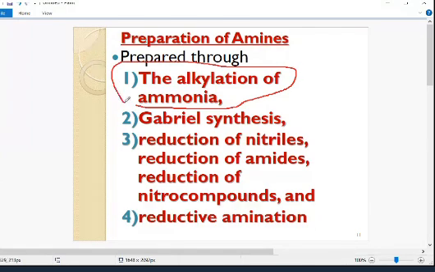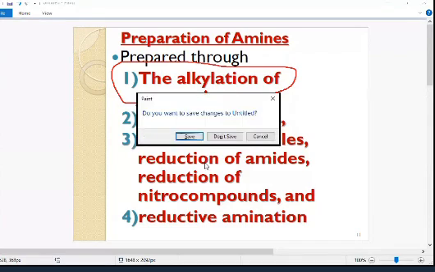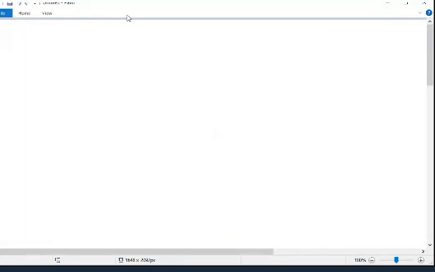I want to use an example so that you can understand what we are talking about. When you talk about alkylation, basically, we are talking about the introduction of an alkyl group. That is the alkylation.